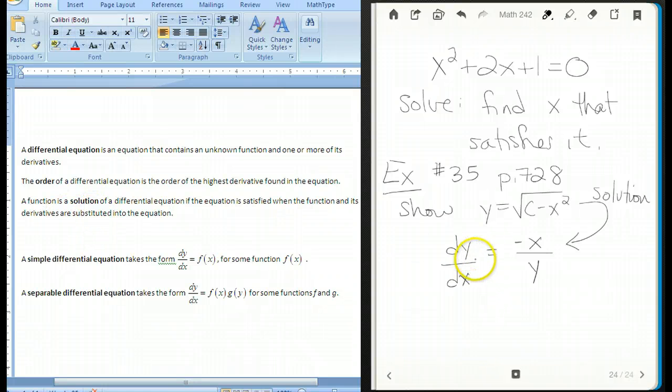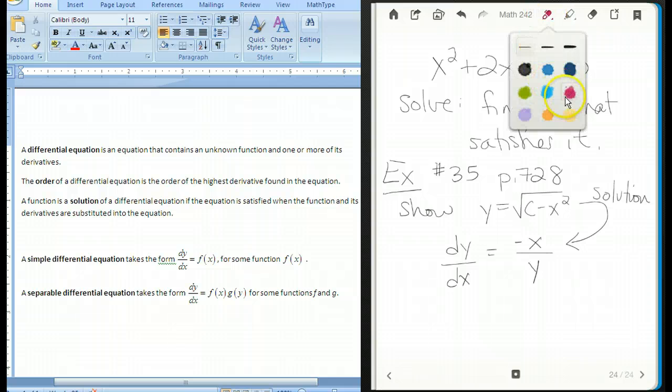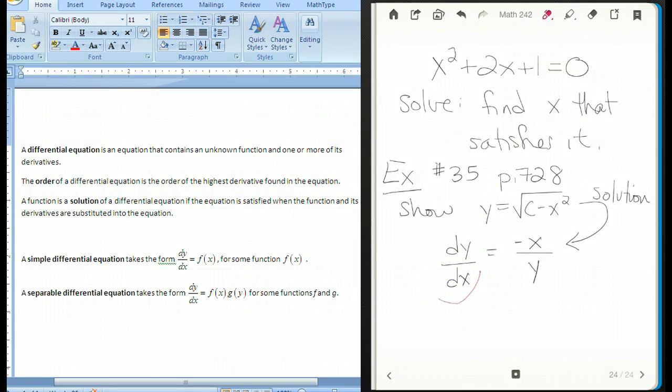So on the left-hand side, I need to plug in the derivative of this y, and I need to plug y in here. First we start out by finding dy/dx for this potential solution, and then we plug that in, plug in the expression for y down here, and see if it works.